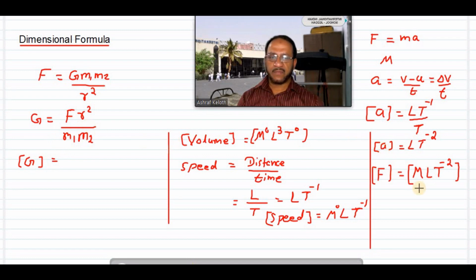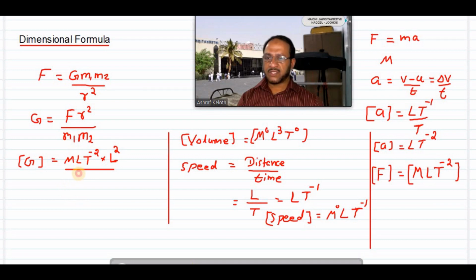Dimension of force we already obtained here, M L T raised to minus 2, that we can substitute here, into r, the distance between the centers of two bodies, that means length only. So r is length, expressed in meter, so square of that, divided by m1 into m2.